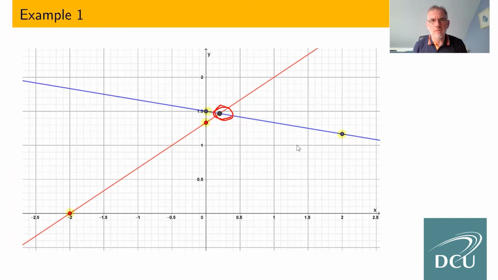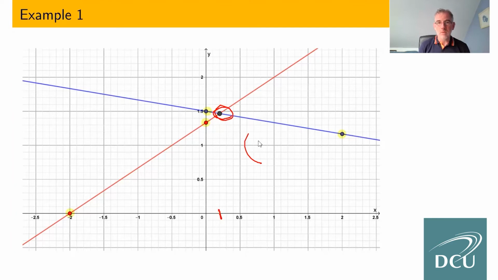So there's my solution in some sense. I've found the point of intersection. But of course, what I want are the x and y values, so I need to read them off from the diagram. What is the x coordinate? It looks like it's sitting exactly on this vertical line here, which is at, looking at the values I have, 0.0, 0.5, so this must be 0.1, 0.2, 0.3, 0.4, 0.5.